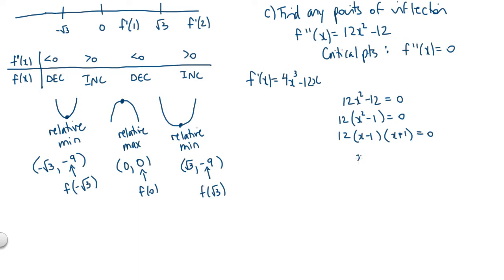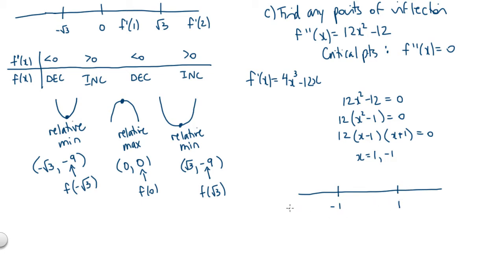Okay, so we get a couple of different critical points here. X equals 1 is one of them. X equals negative 1 is another. So now we're going to draw a similar kind of chart to what we had in part B. We'll throw our critical points on there. And again, the idea is that these x values are the only places where f double prime of x can change signs.